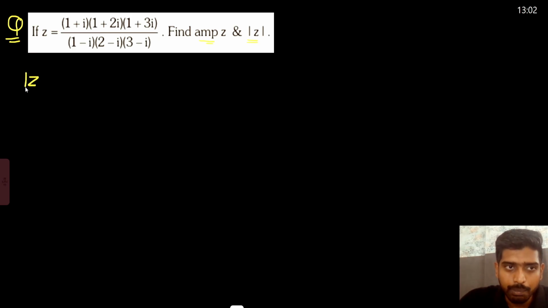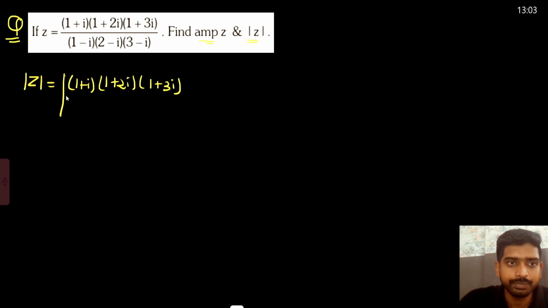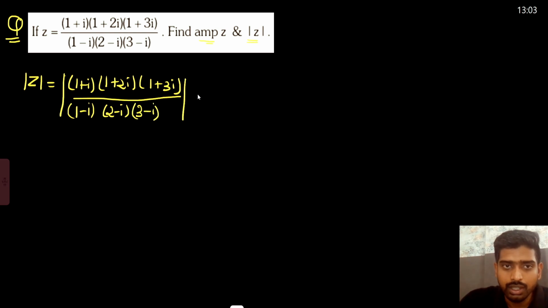So modulus of complex number z will be equal to modulus of this whole (1 plus iota)(1 plus 2 iota)(1 plus 3 iota) divided by (1 minus iota)(2 minus iota)(3 minus iota). So according to the property of modulus, we can distribute the modulus over division and multiplication.